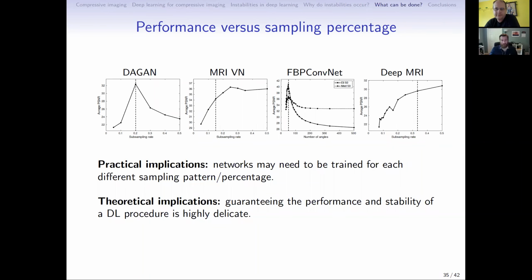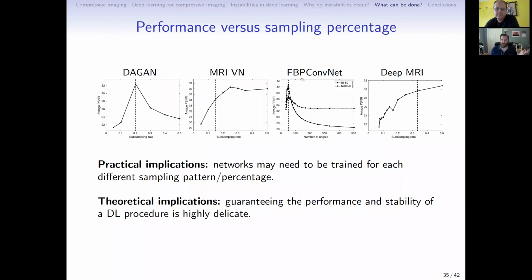Yes, sorry. So what we do here is, these are all trained neural network architectures. And so we're not retraining the network here. We're just feeding in a different number of measurements.